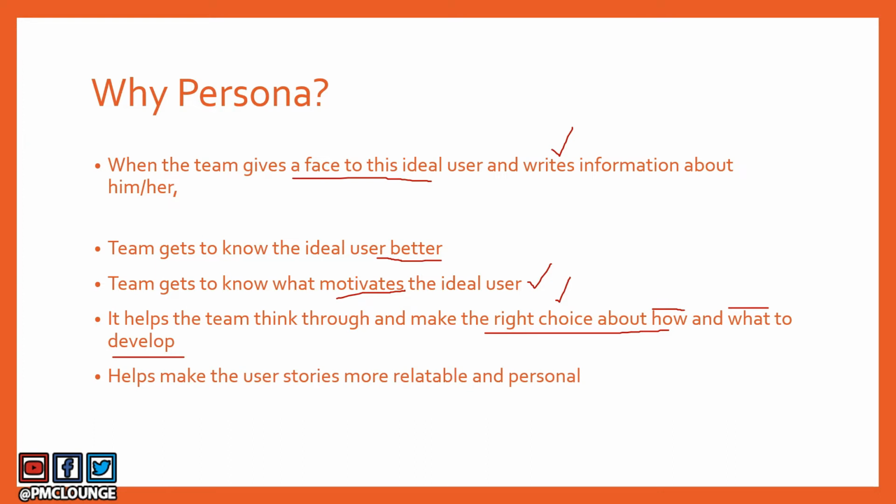When you have answers to all of these and when you have a persona in place, this is going to help make the user stories more relatable, because you have that persona, you have that face staring at you, and you are going to read out your user stories and be more relatable to that ideal user, and you are going to understand how this user is going to use this user story. So it makes the entire exercise very relatable as well as personal.